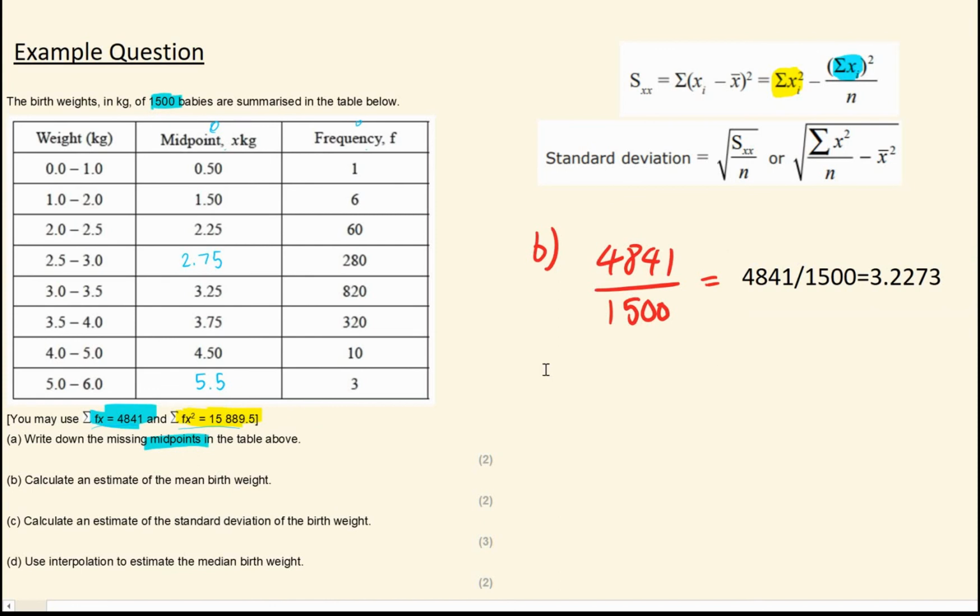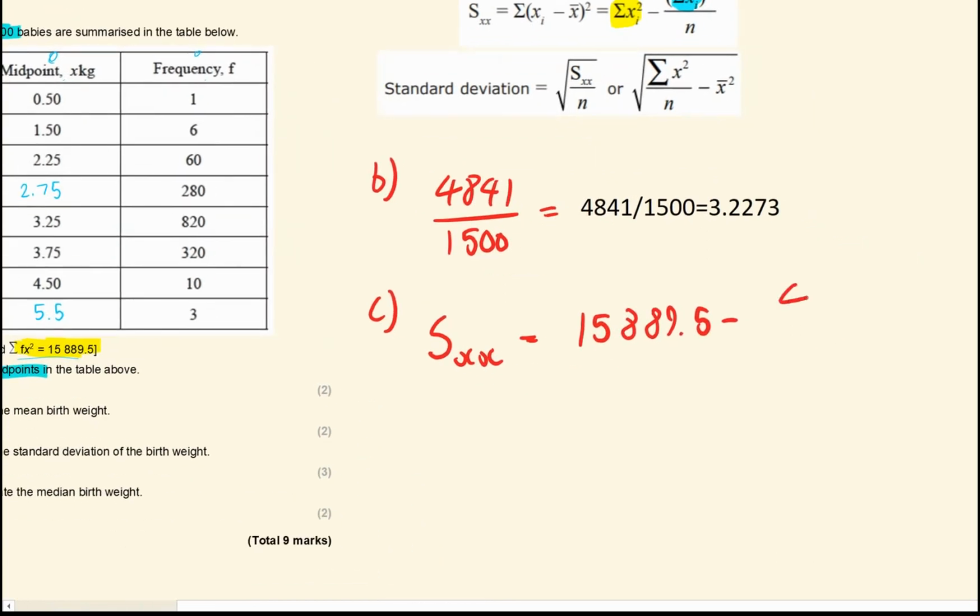Part C, we want the standard deviation. For that, we're going to work out Sxx. That is going to be this thing, which we are given as 15889.5 minus 4841 squared over 1,500. Okay, so let me just work that out quickly.